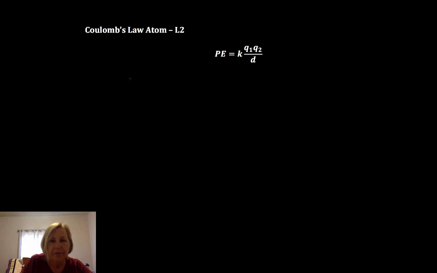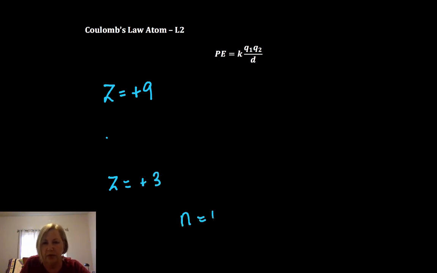Let's compare two elements. And again, this is all very, very qualitative. So if this is the nucleus, if I have Z equal to +9 compared to Z equal to +3, and you're talking about the N equals 1 electrons, that electron is closer in fluorine than that electron is in lithium.